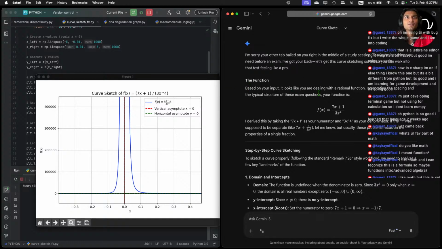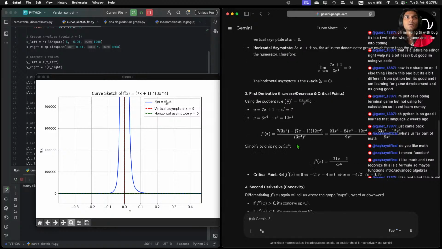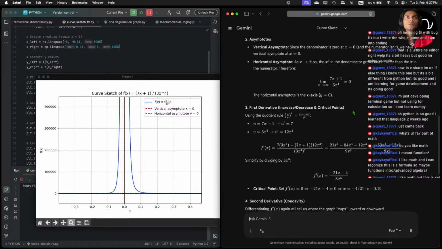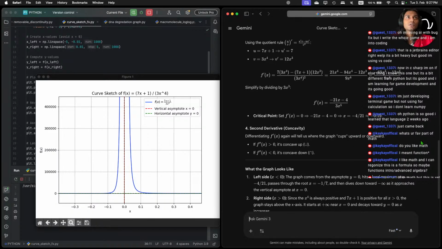Okay, okay. Based on your input, looks like you're dealing with the rational function, domain, intercepts, asymptotes, horizontal asymptote, first derivative. Okay, critical point minus 4/21. Okay, critical point Z. Okay, okay.